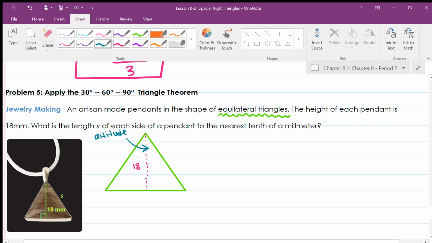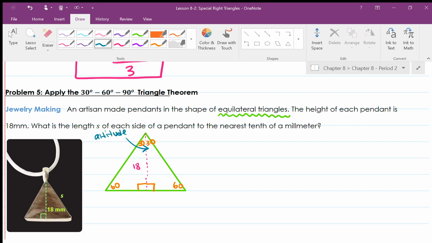Your altitude, and this altitude is actually the bisector, so it bisects this into 30 degrees each. Remember, your equilateral triangles are all 60 degrees each angle, right? So it cuts this top vertex angle into 30 and 30, and it's a perpendicular bisector cutting this into 90 degrees as well. So this is actually where the proof is derived from, or where a 30, 60, 90 triangle comes from, because it is an equilateral triangle cut in half.